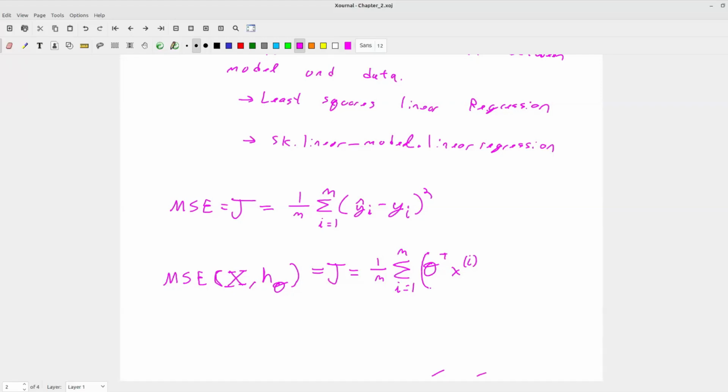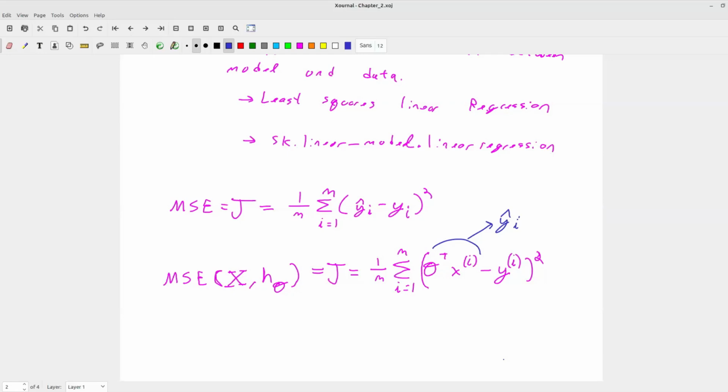I put the i in parentheses because it's a counting i, not raised to the i, but I quickly run out of places around my letters to put all of my subscripts. Minus y of i, squared. What you'll notice here is I replaced y hat of i with theta transpose x. Why can we replace it?